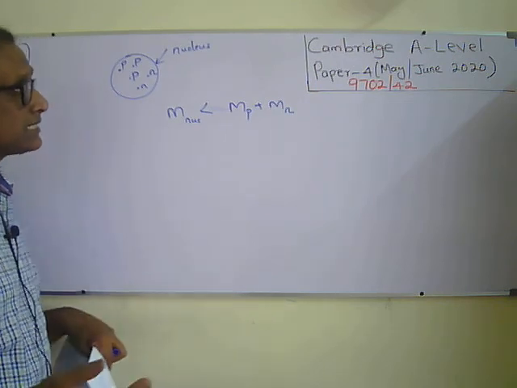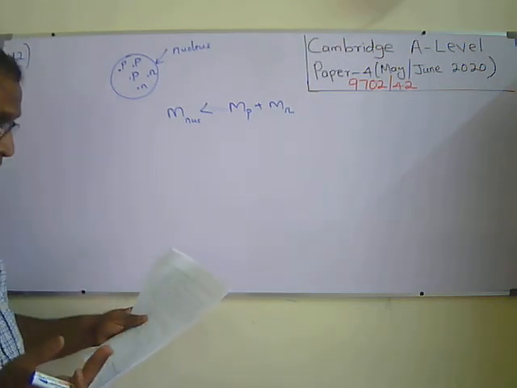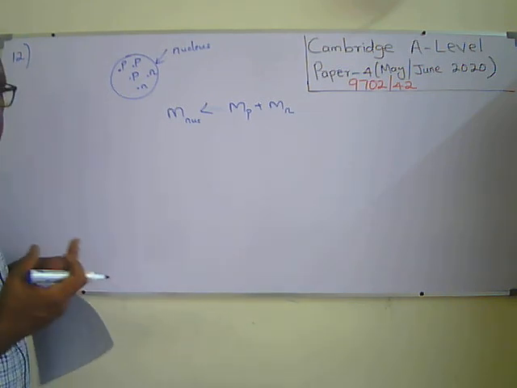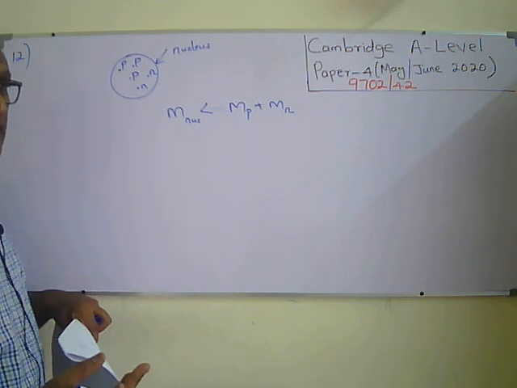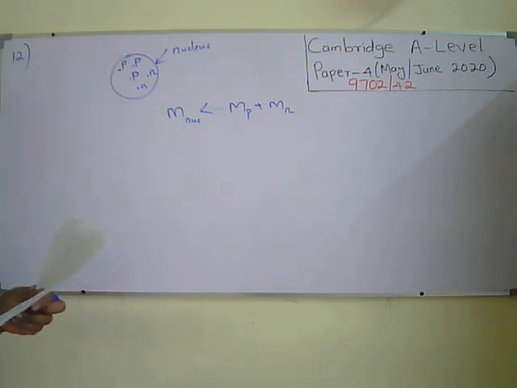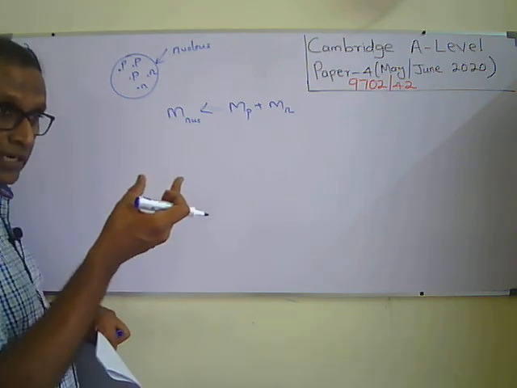Okay, so what is meant by mass deficit? Mass deficit means the difference between the total mass of the constituent nucleons of the nucleus and the mass of the nucleus.